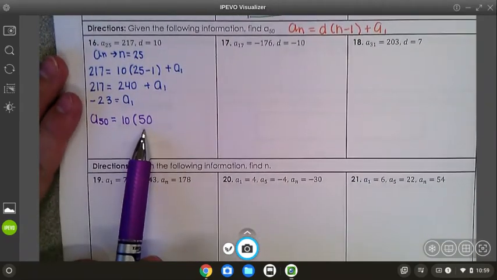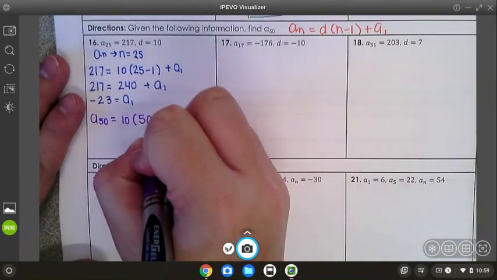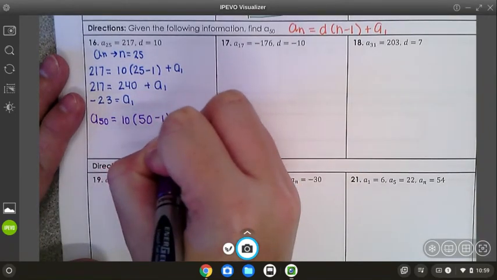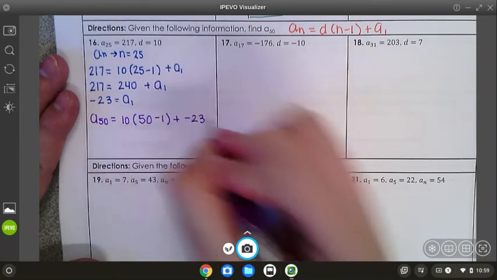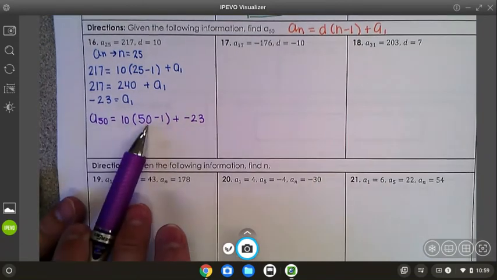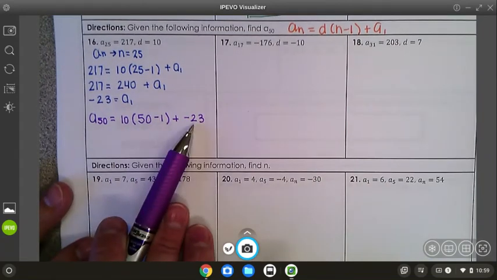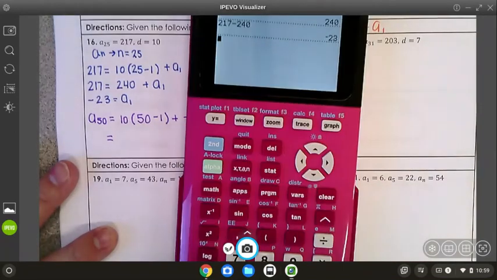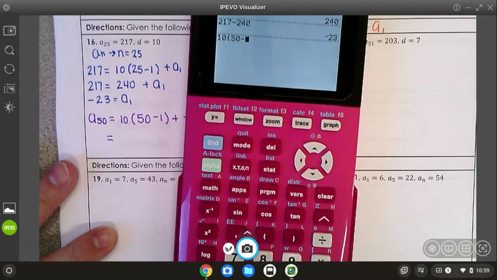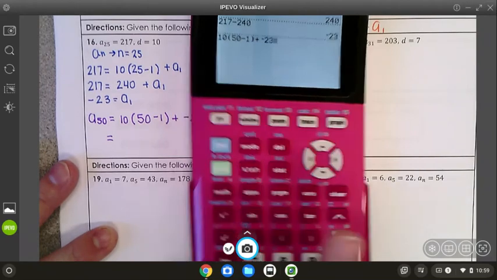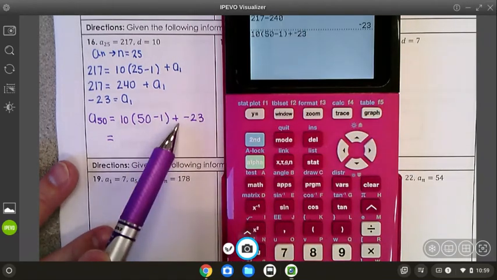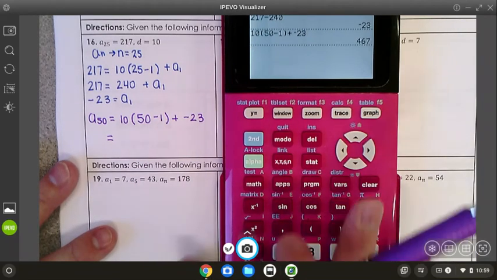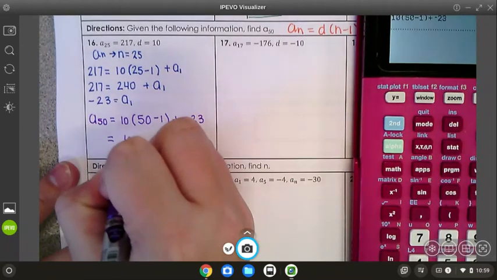But I didn't ask for that, so we can avoid that step. So my common difference, my n is 50 and my a_1. And we can just type that whole thing in the calculator. Make sure you put either -23 or you do plus negative. And we get 467.